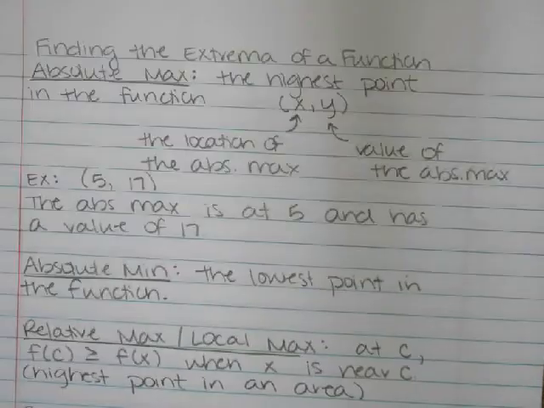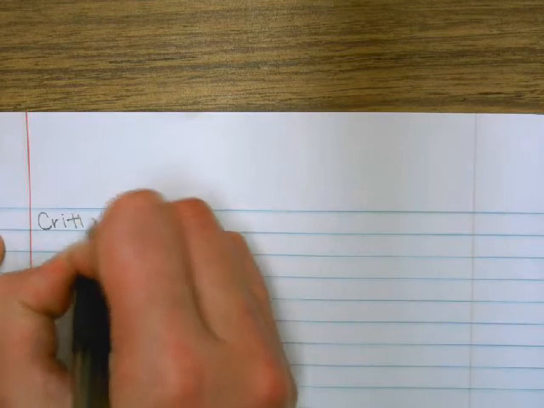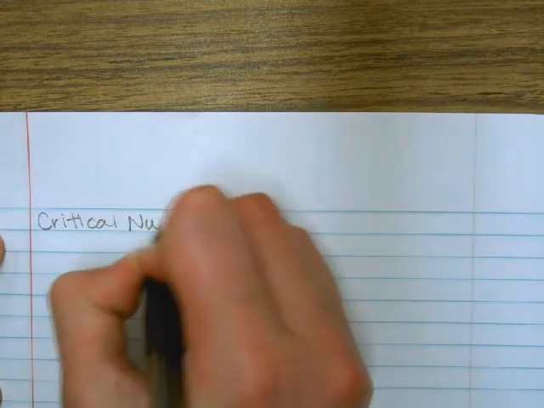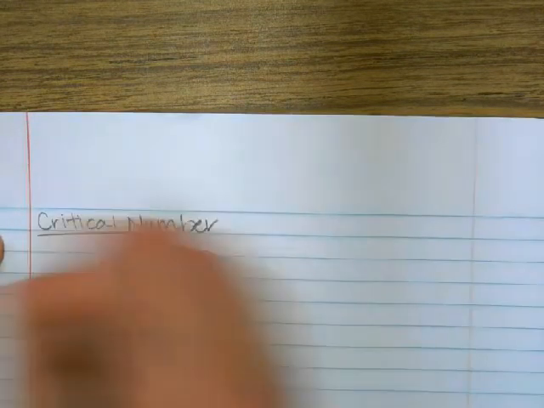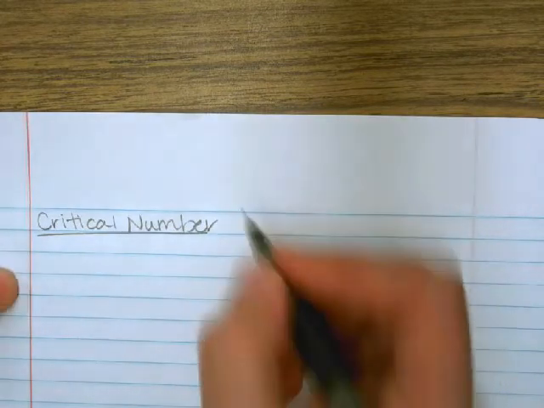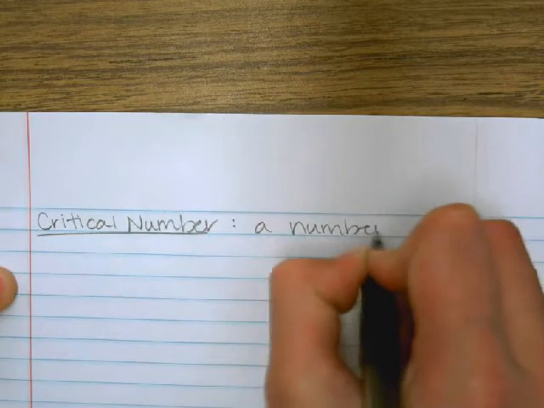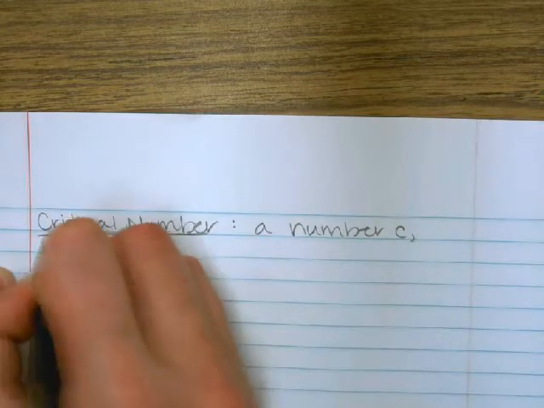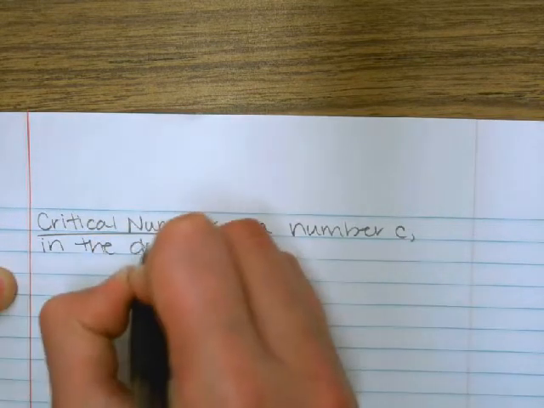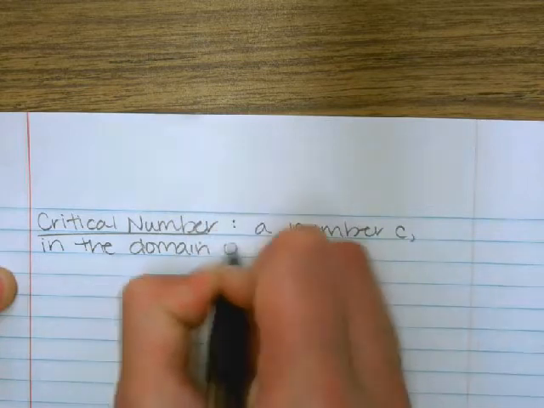All right, there's one more word that we want to define, and that place on the graph is called a critical number. So a critical number is a number C in the domain of f.